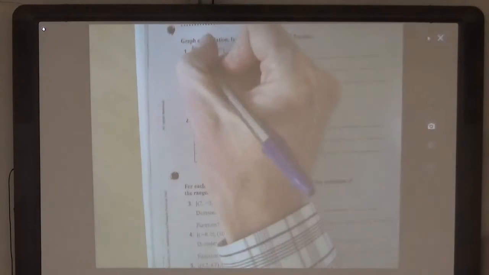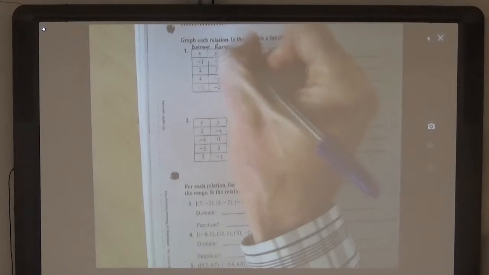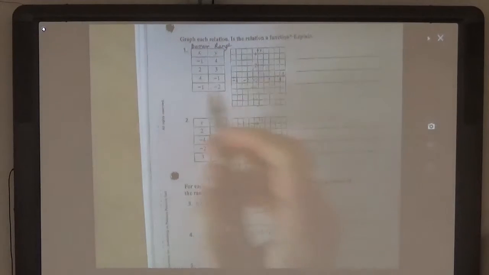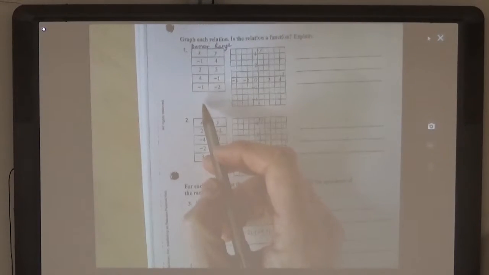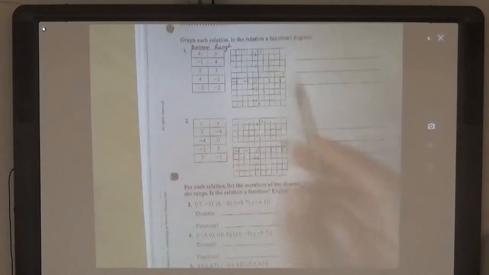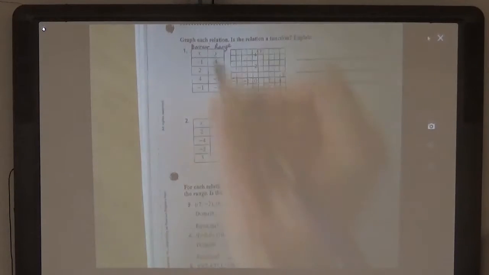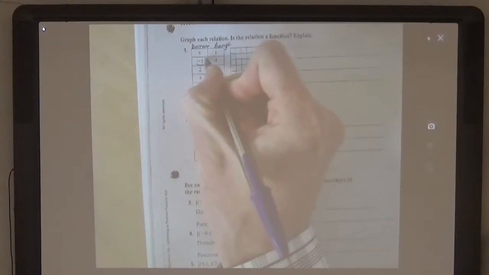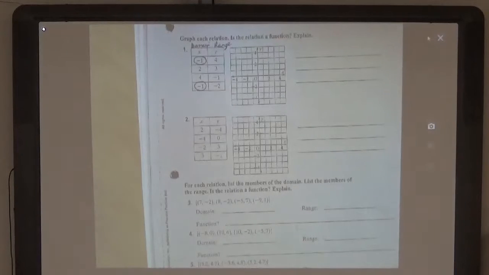So, the x numbers are the domain, the y numbers are the range, and graph them to see if this set, this relation, is a function. So, graph them on the coordinate plane. What you might notice already is that the -1 x number in the domain has two values again.